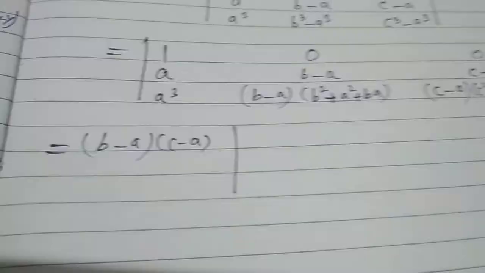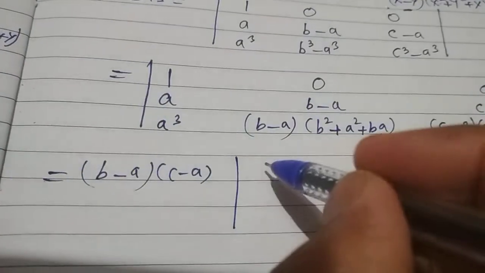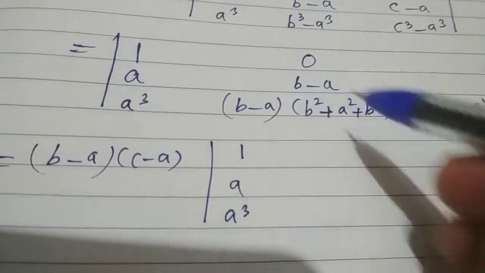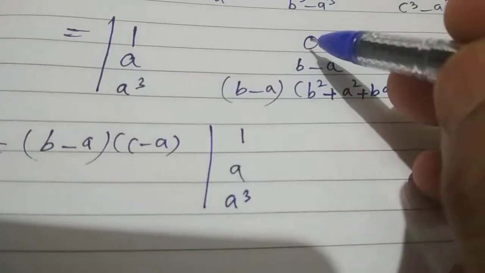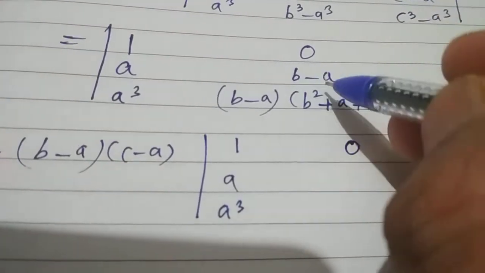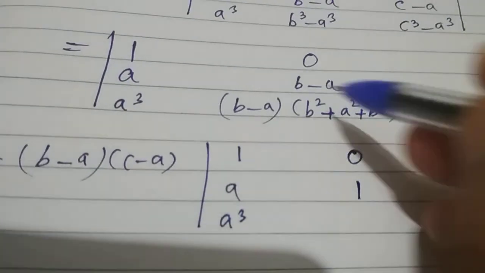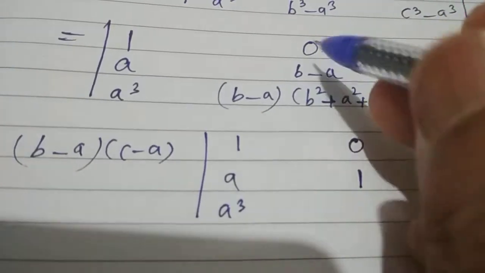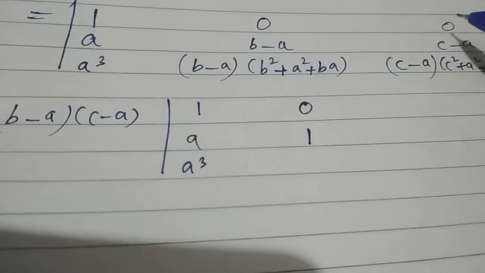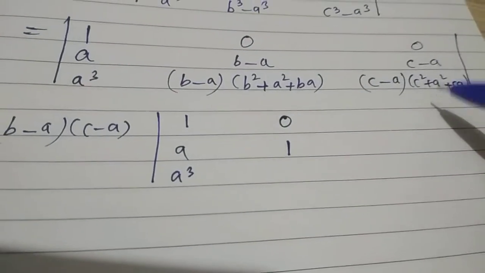I'll write the product, and also I will write the remaining elements after the division has taken place. 0 divided by b minus a will be 0, b minus a upon b minus a will be 1, as if I am dividing the second column by the factor b minus a. The same way I will be dividing the third column by c minus a.